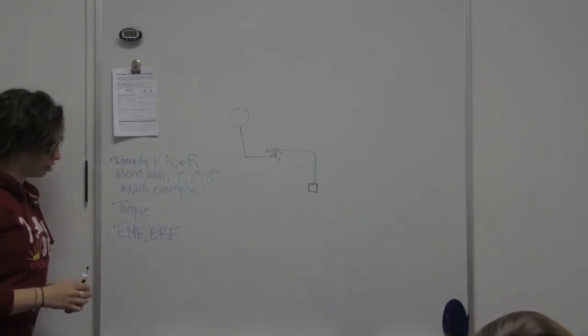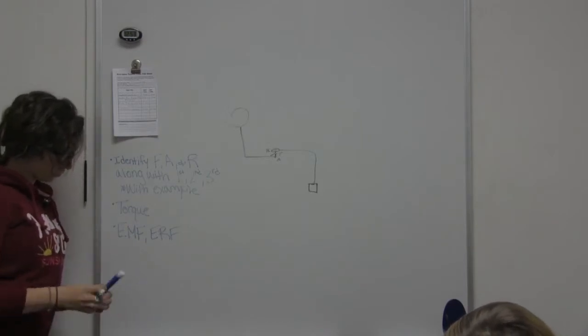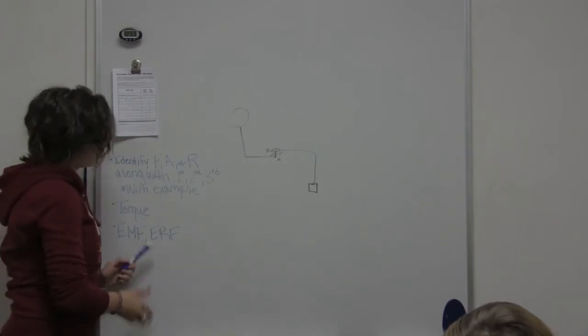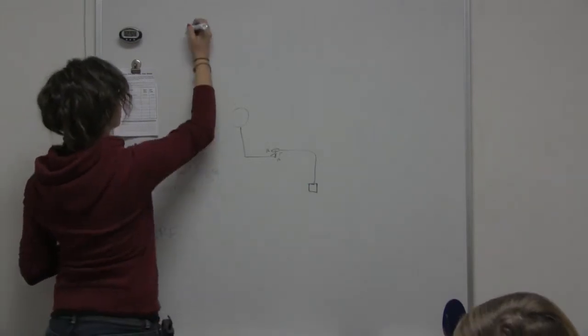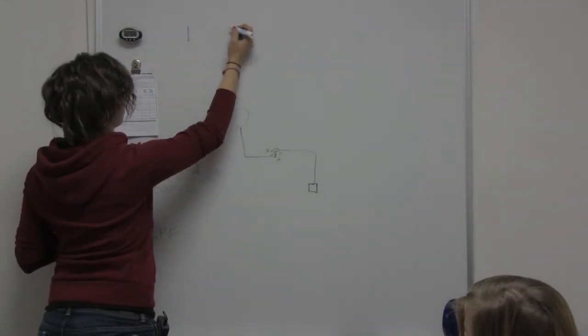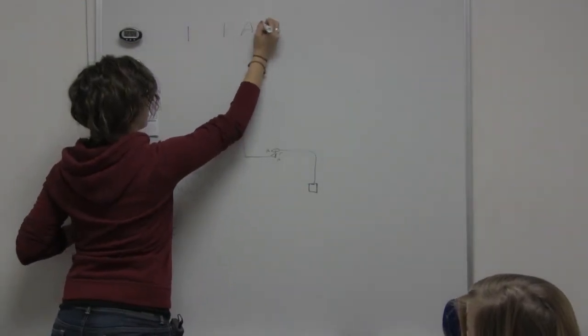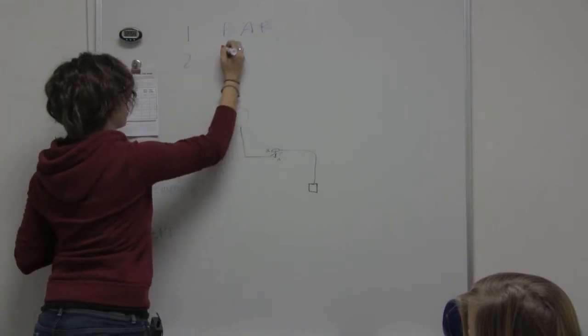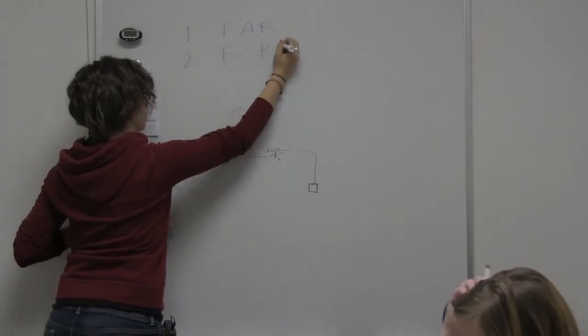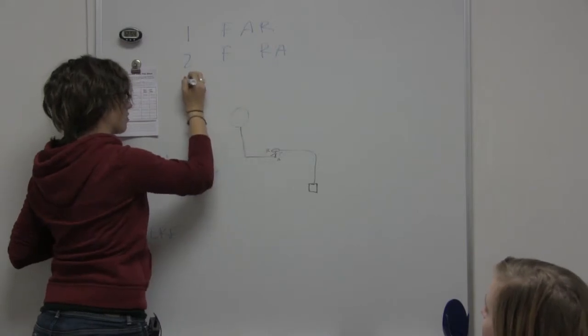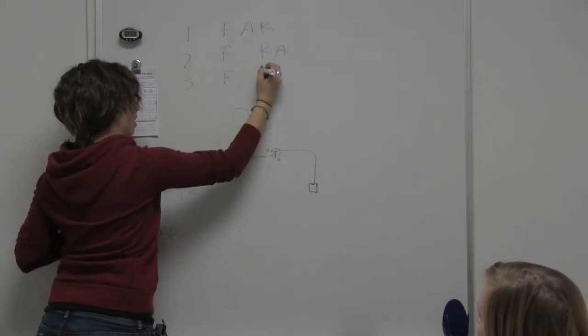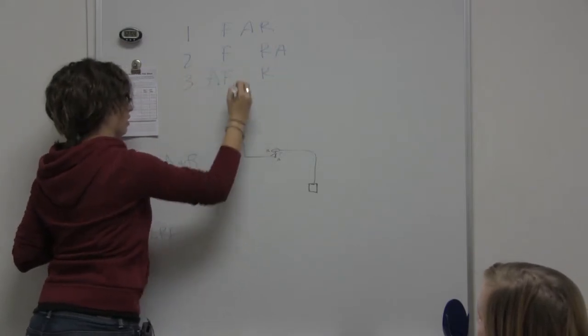Because with the first, second, and third class, for first class, we have a force, we have an axis, and then we have resistance. Second class, we have the force and the resistance, but we have the axis over here. For third class, we have the force and resistance, but the axis is over here.